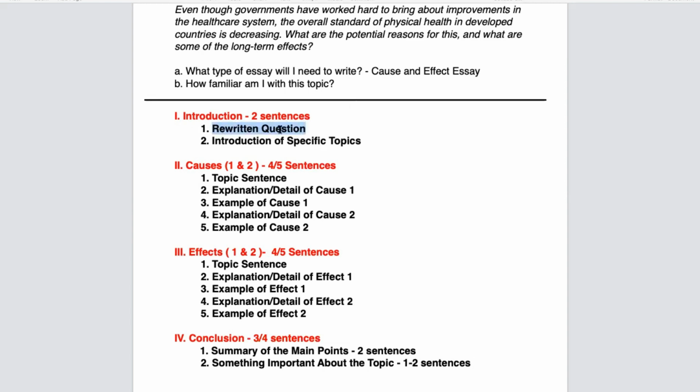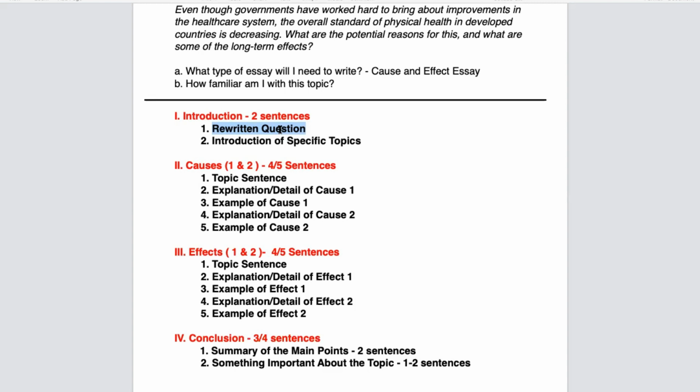Now, like I said earlier, the outline will help you for task achievement and coherence and cohesion. Writing out your notes before you actually start writing your essay will help you with the lexical resource, and it will get you thinking about the grammar structures that you want to use when you actually write your essay. So this will help you with vocabulary and grammar.